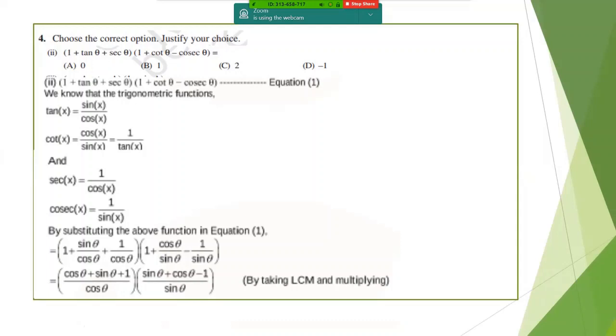Another thing is whenever you see tan, secant, cot, cosecant and all those, try converting them to sine and cos, because we feel comfortable with these standard values. So here also the same thing has been done. Tan theta is converted to sine theta upon cos theta. Similarly, secant you convert into 1 upon cos, cot as cos upon sine and cosec as 1 upon sine.